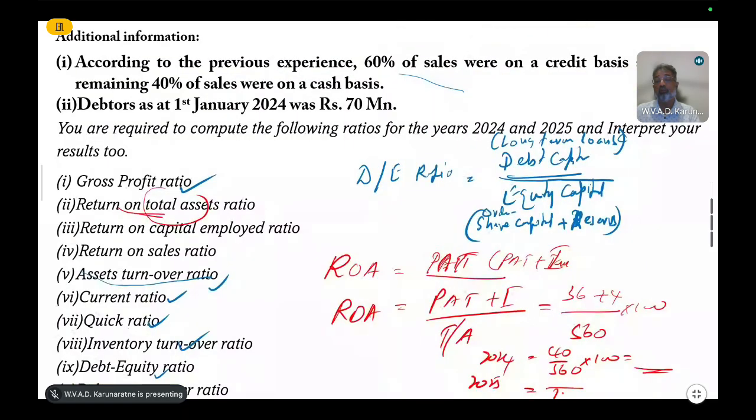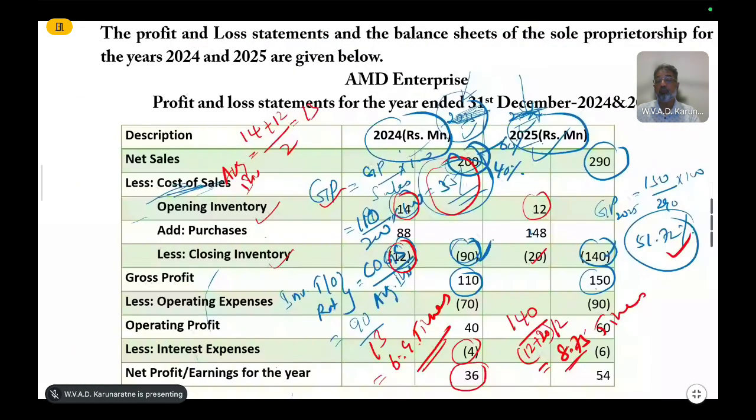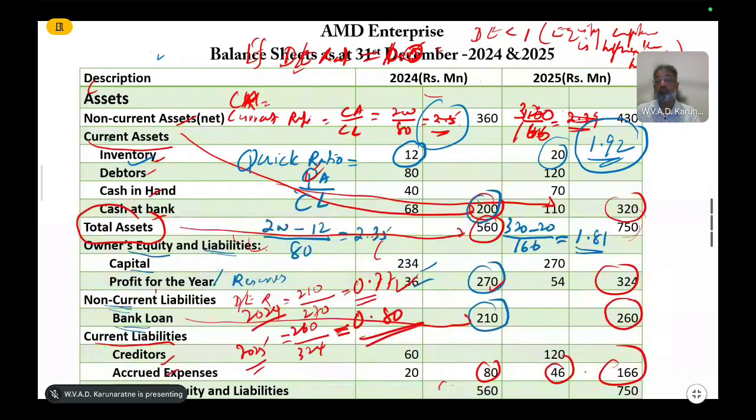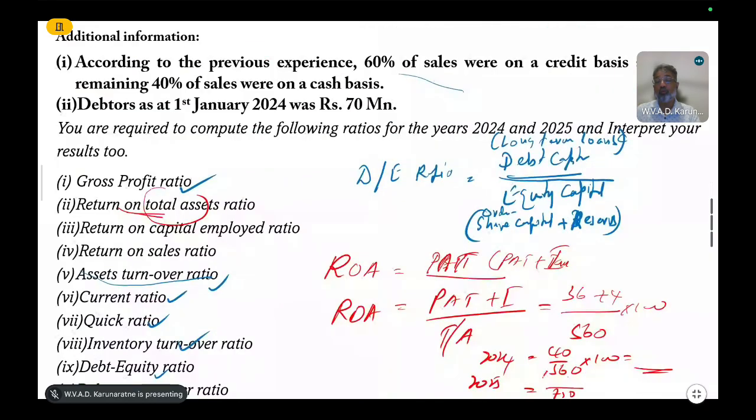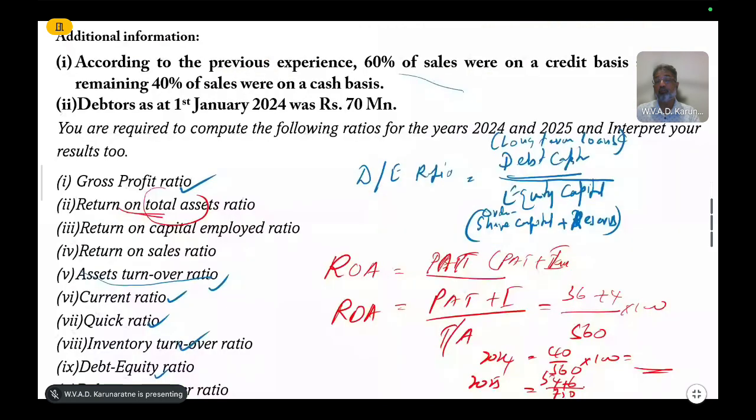Then the profit for the year 54 plus add back the interest part also, 54 plus 6, 60 over 750 into 100.